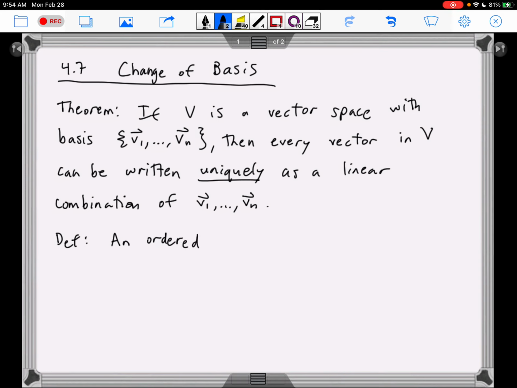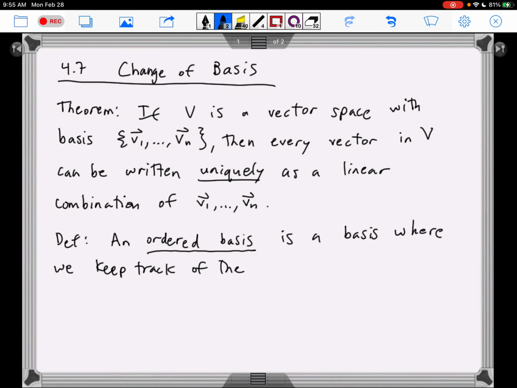So let's create a new definition called an ordered basis. As you can imagine, all it is, it's a basis where we keep track of the order in which basis elements are listed.